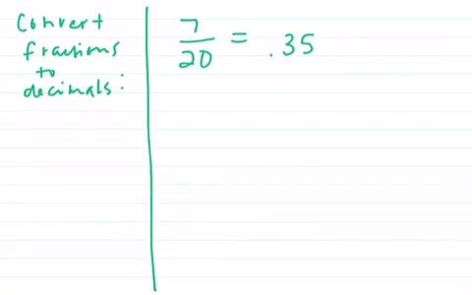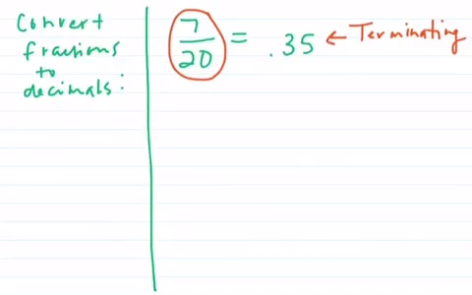Now, what kind of decimal is this? Since it stops, it's a terminating decimal. Okay, so this number is rational because it is a ratio of two integers, 7 and 20, and it's a decimal that terminates. Right, so we're identifying rational numbers and we're justifying why it's rational.